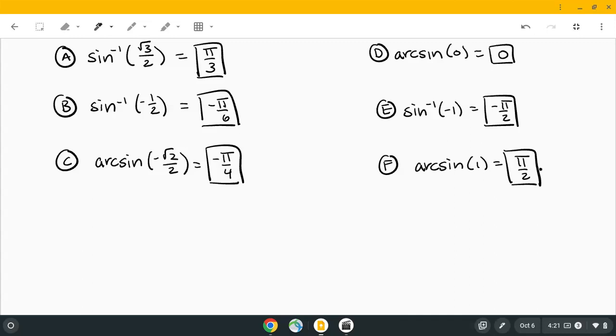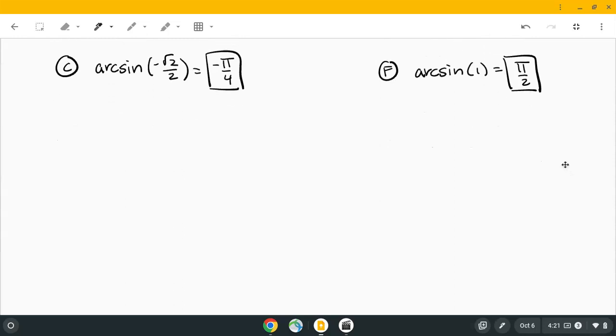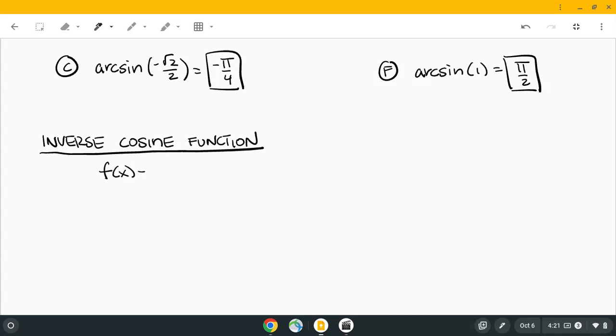Let's take a look at inverse cosine and inverse tangent. Okay, so inverse cosine. So f of x equals cosine x. If this is the function, we have to restrict it for x values.